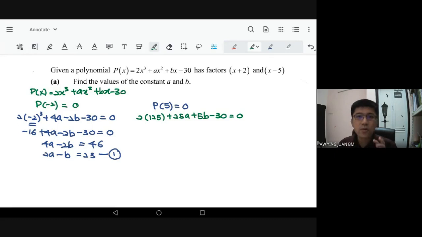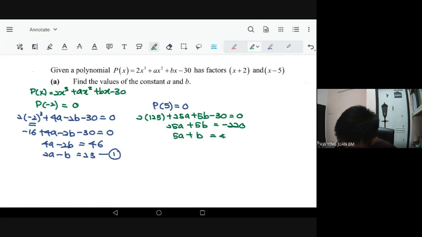So we will have 220. So 25a plus 5b equals to negative 220. We may simplify the situation by dividing by 5. So we have 5a plus b equals to, if we divide by 5, 44. So that is equation number 2.